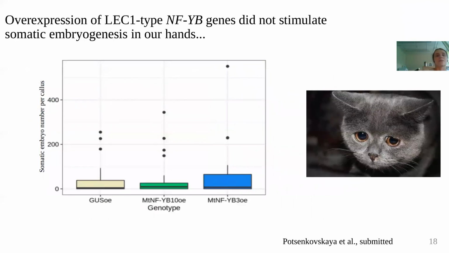Unfortunately, overexpression of these genes, B10 and B3, did not stimulate somatic embryogenesis in our hands. All types of calli had the same mean somatic embryo number per callus in comparison with control.